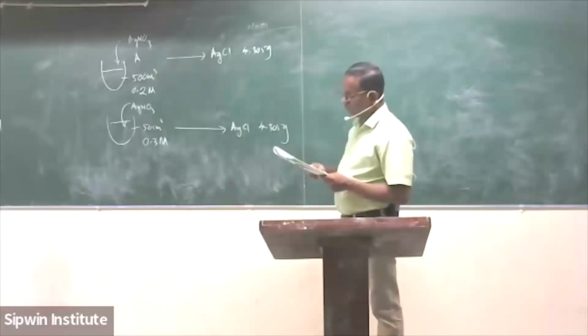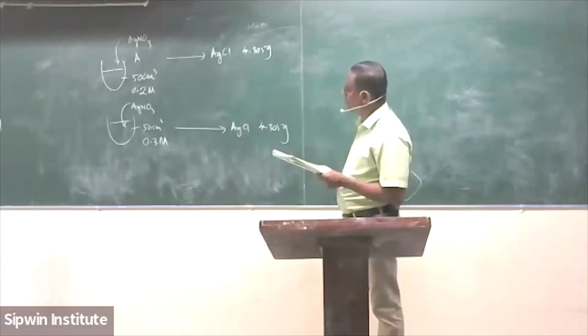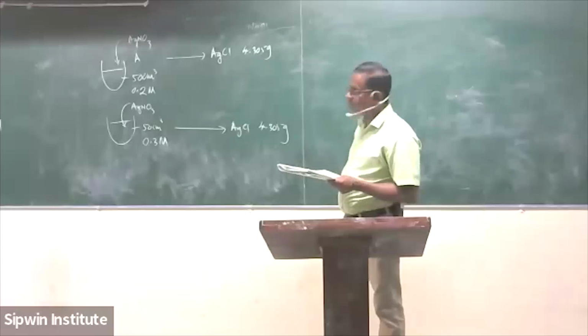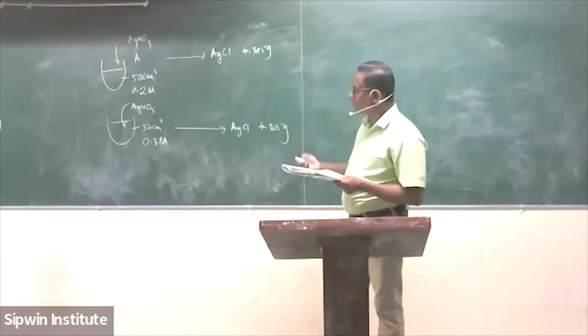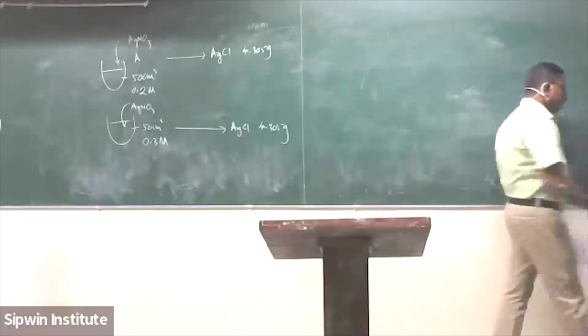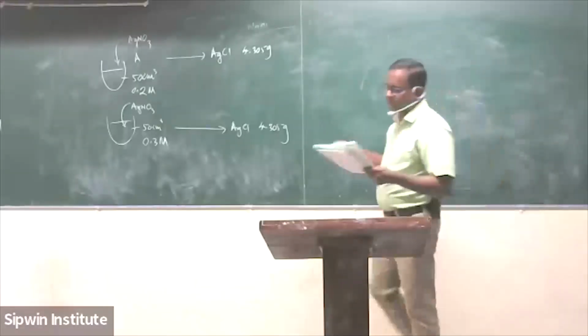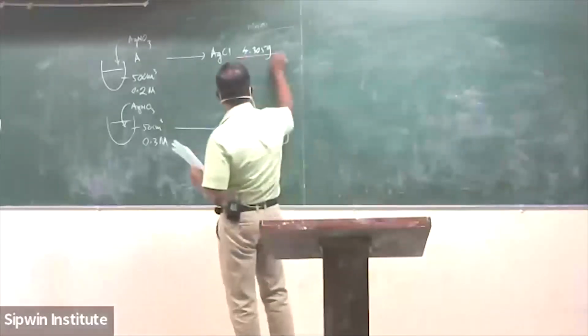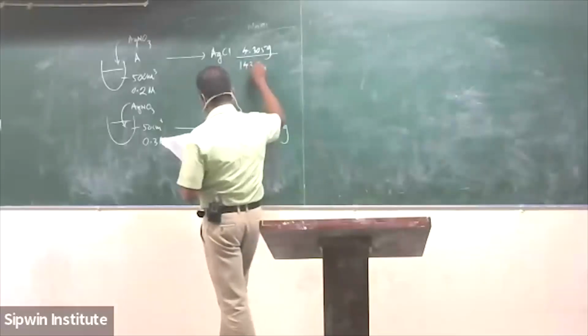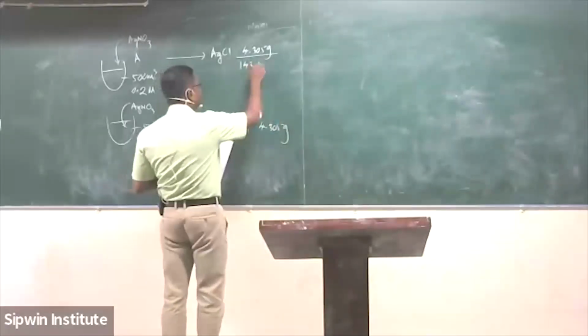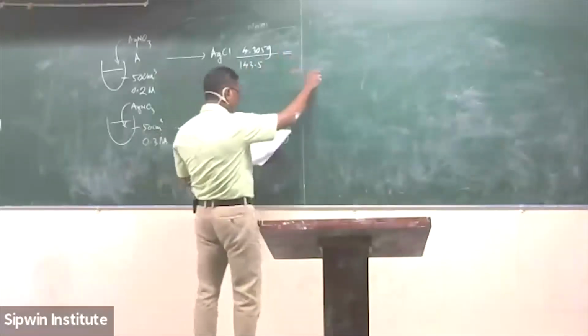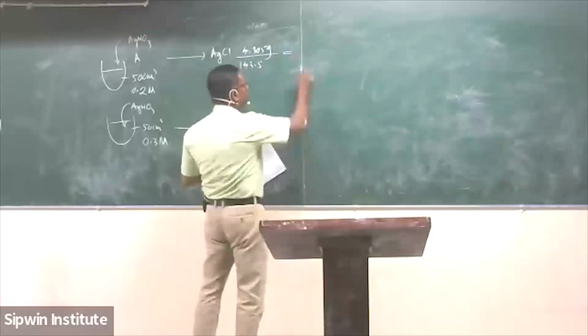Precipitate mass given is 4.305. To determine the silver chloride moles, you divide this by 143.5. With that you get 0.03 moles.